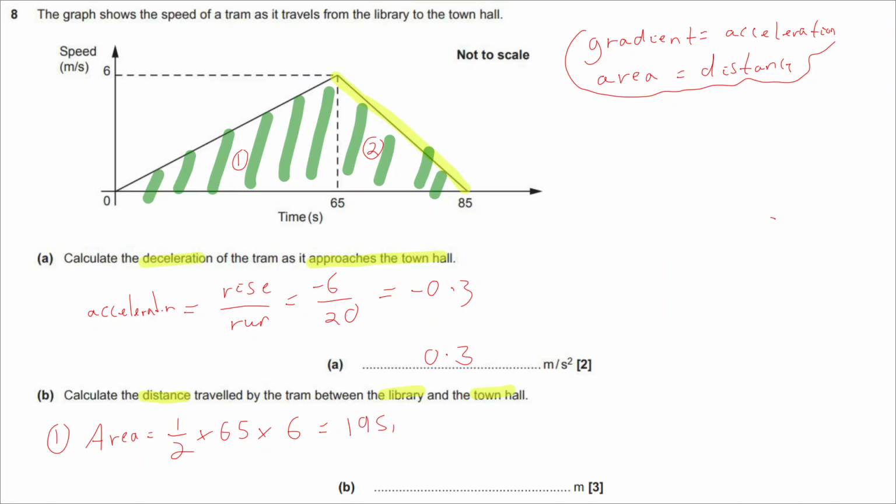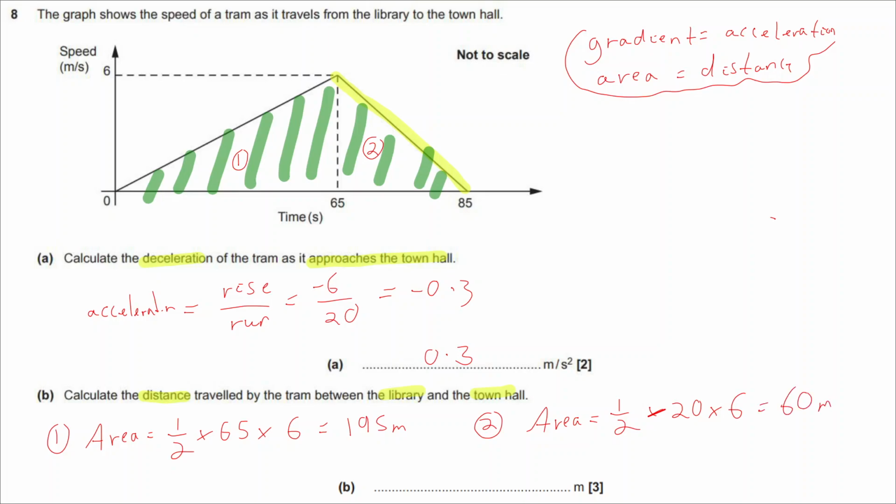So area 195 meters for distance. Then for triangle 2, the area is half times the base, which is 20, times the height, which again is 6. 20 times 6 is 120. Half of it gives you 60. So that's 60 meters.